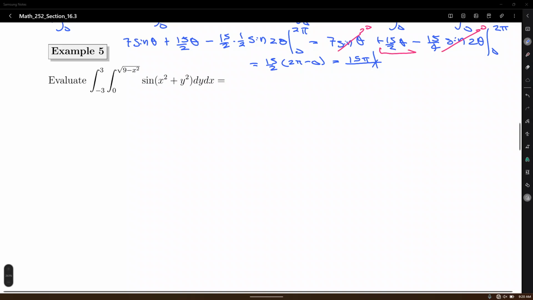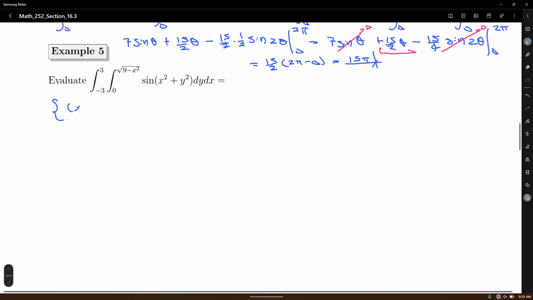Number 1, we have to figure out the domain of integration. From there, we will sketch the region of integration. So let's state the domain.